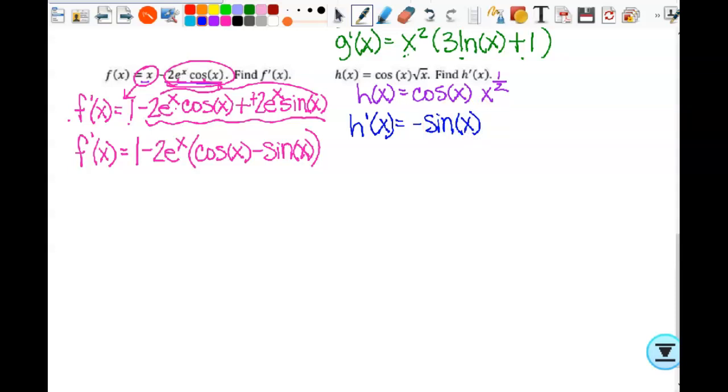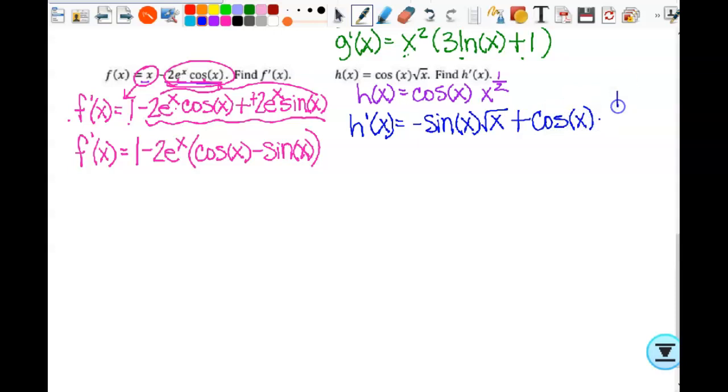So I can leave it as X to the 1/2, or I can put the square root of X. I'm going to just put it back as the square root of X, because a lot of times we're doing this so we can then evaluate, and we'd want it back in the root form, okay? And then plus the first, which is the cosine of X, times the derivative of the second.